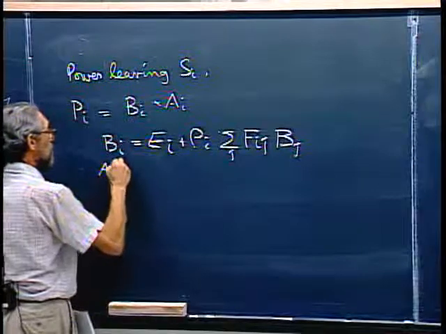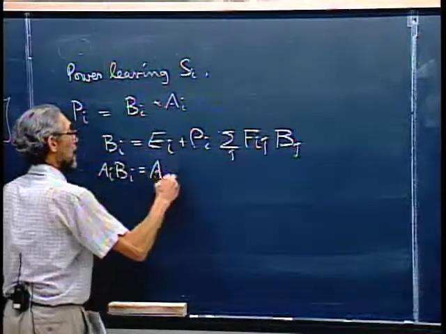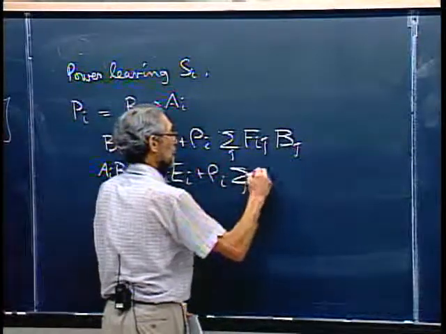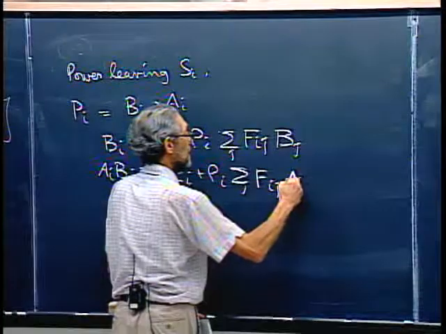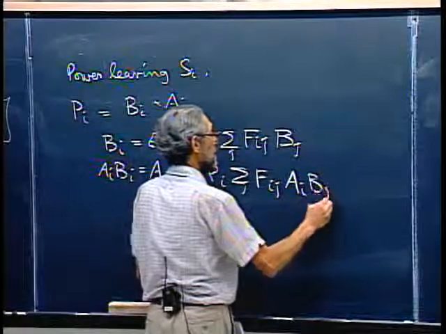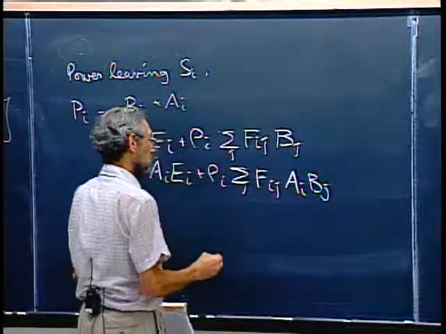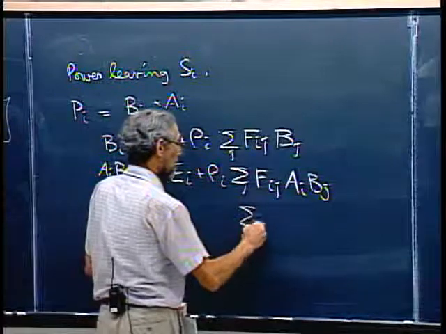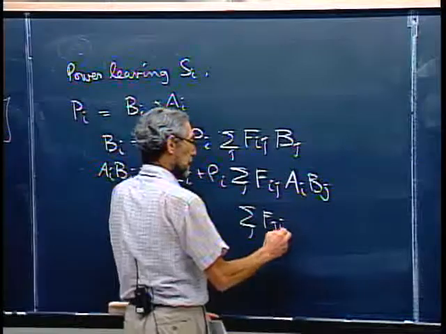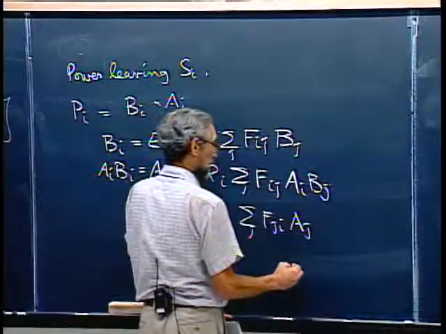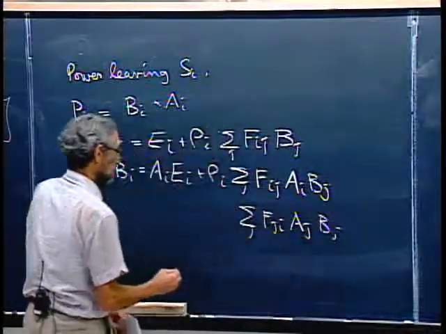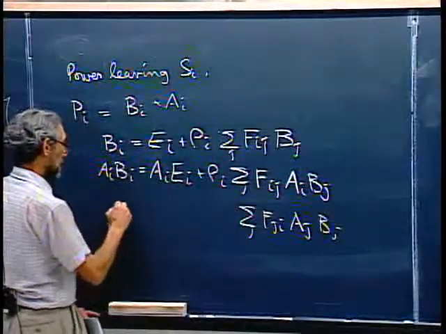We'll get A_i B_i equals A_i E_i plus rho_i sum over j of F_ij A_i B_j. And now by reciprocity, this is the sum F_ji times A_j. And the rest of this is going to be the same.